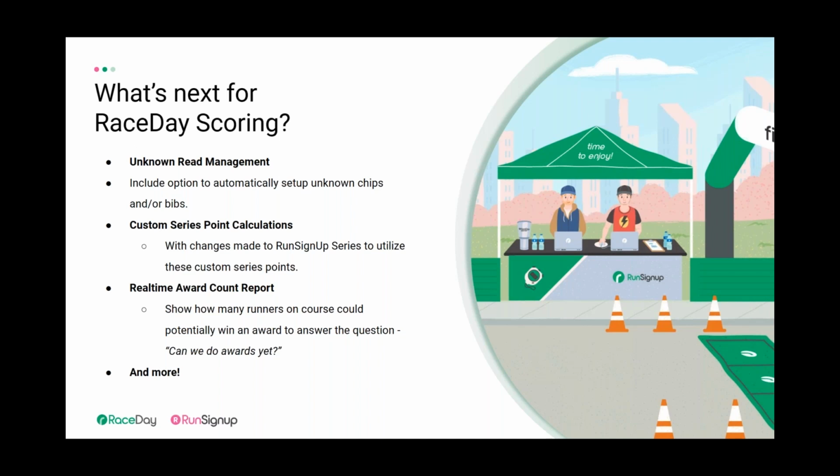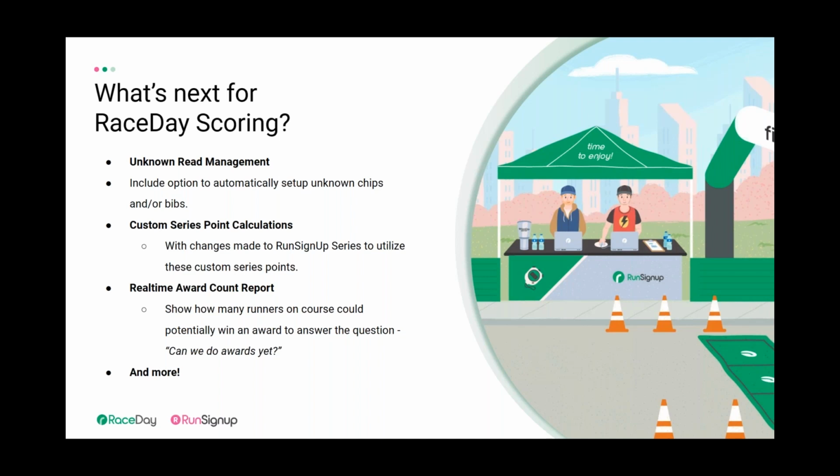So this will solve the problem of RaceDay Scoring not being able to link different races. We're going to use RunSignup's existing series scoring platform and improve it by a few things, first off, because there are some improvements we want to make there anyway, so that you'll have a great experience using RaceDay Scoring to generate those series points, and RunSignup to tie it all together and give you a nice series standings dashboard.